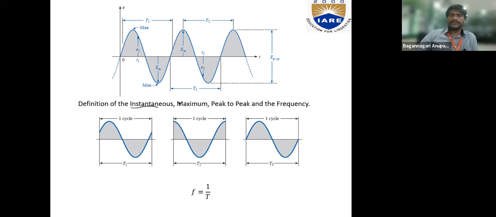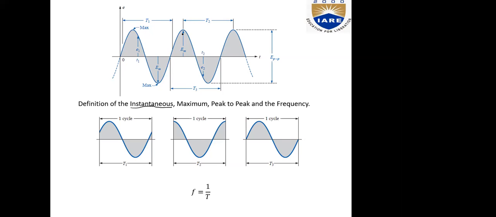What do you mean by instantaneous value of an alternating current or alternating voltage? What's the definition for instantaneous? What could be the meaning of instantaneous value of current or voltage? Sir, dV by dt, I think. No, not the differential.